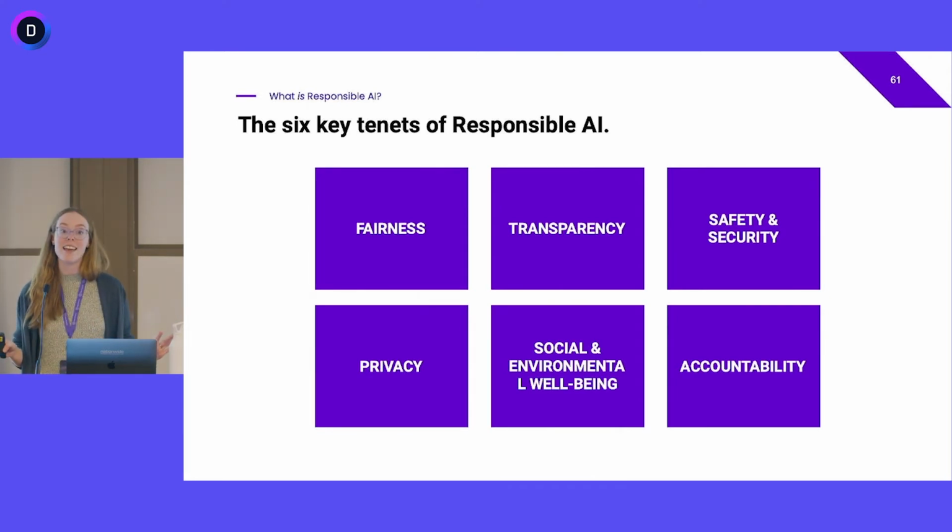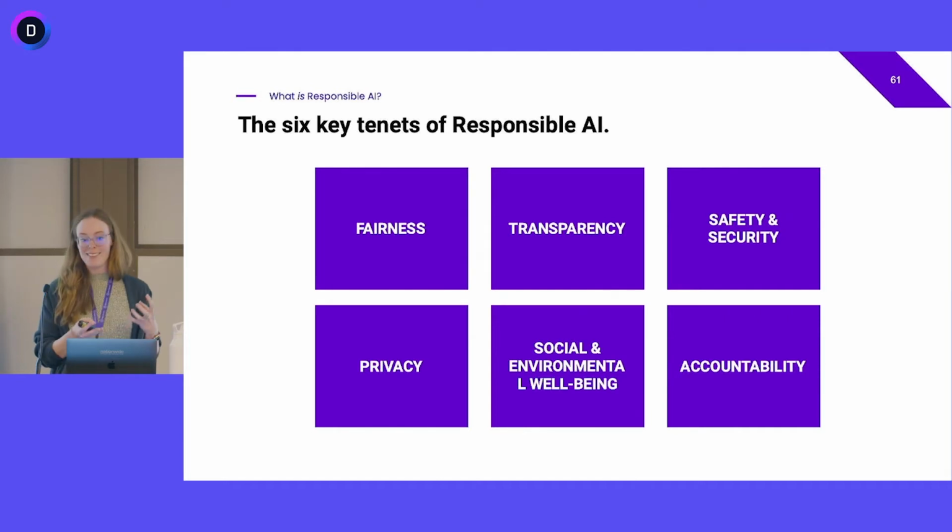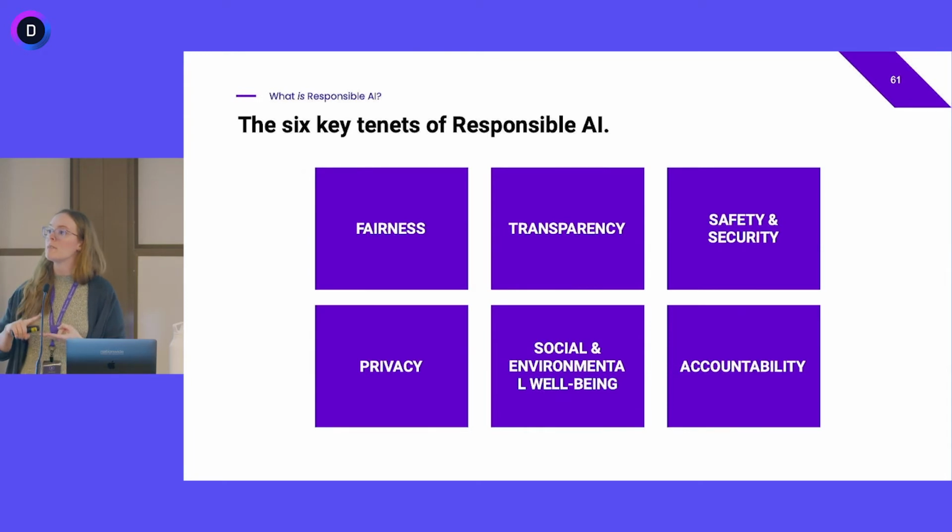I'm by no means saying this is solved, but we want to get to the same place that we're in with fairness with all of these other principles, all of these other tenets. We want to be able to say these are the specific metrics or the specific technical characteristics and behavior that we can measure to prove that a system is transparent enough, to prove that a system is safe and secure enough, et cetera.